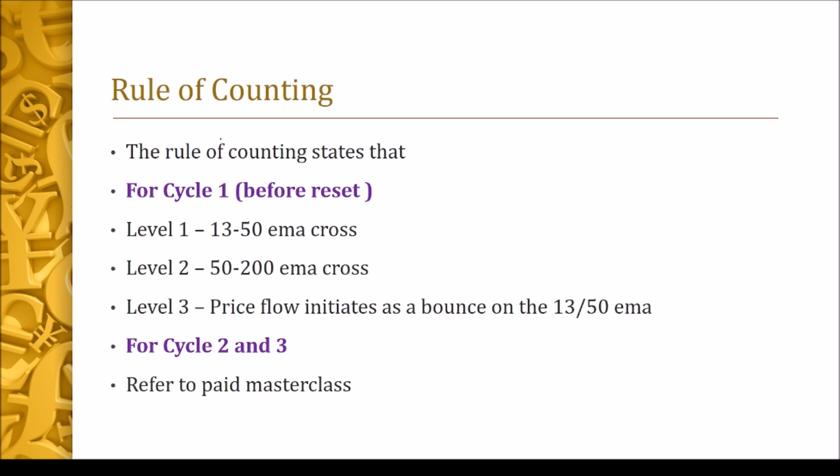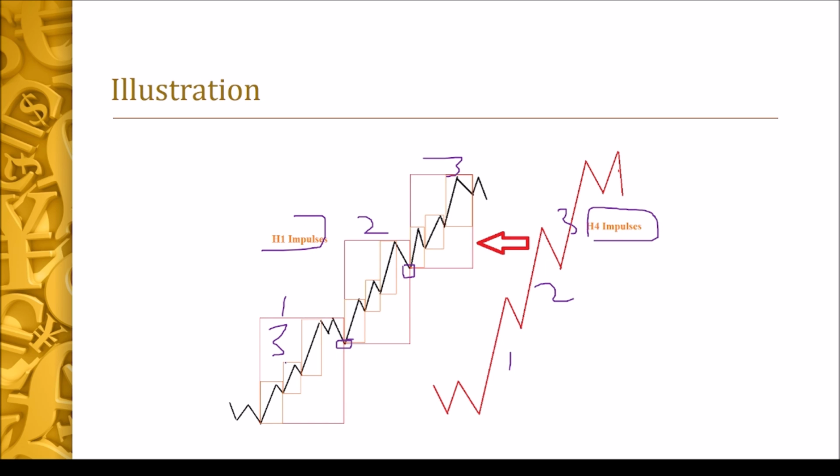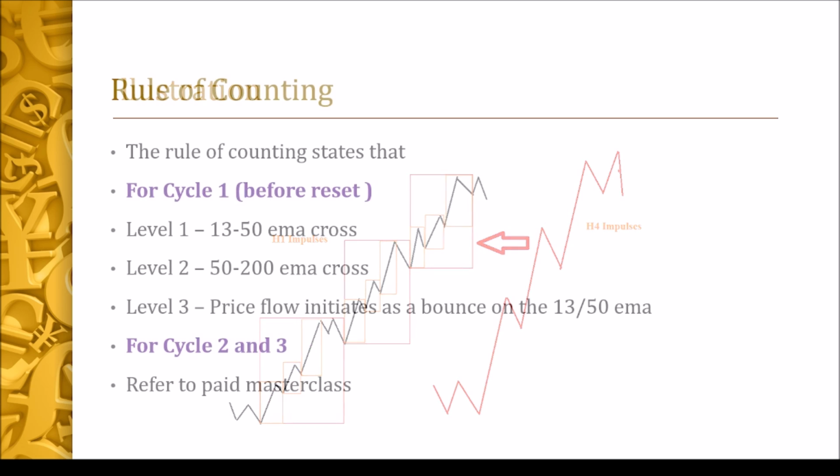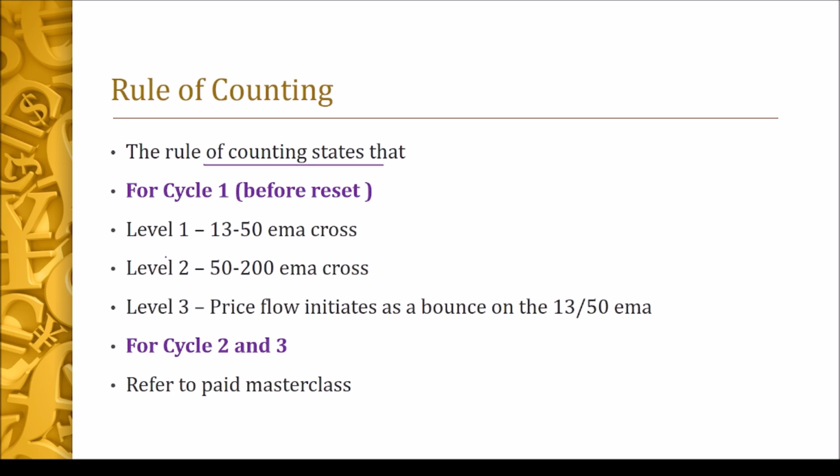So here are the rules of counting these levels. The rule states that for cycle 1, which is this one, the first one, level 1 can be seen with a 13/50 EMA crossover and a corresponding impulsive drop or rise. Level 2 can be seen with a 50/200 EMA crossover with a corresponding impulsive rise or drop, and level 3 will actually initiate its price flow as a bounce on the 13 or 50 EMA.